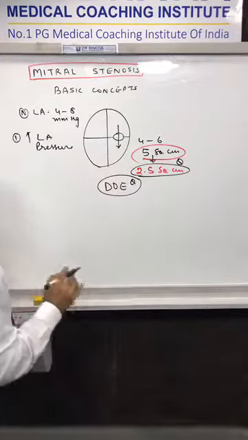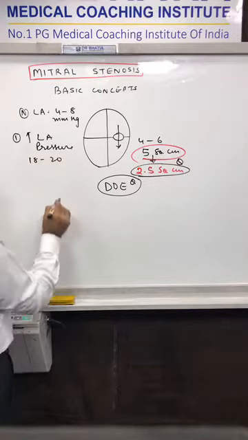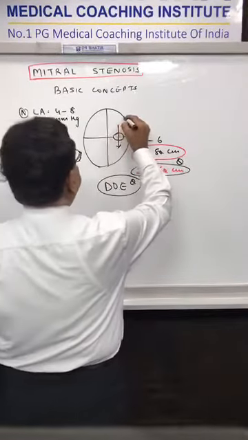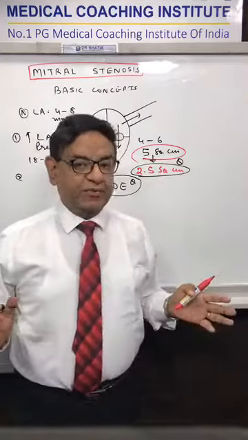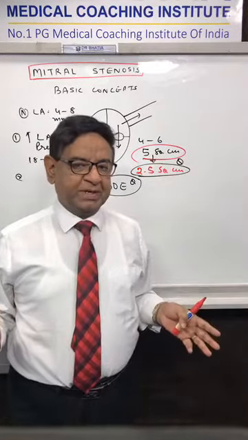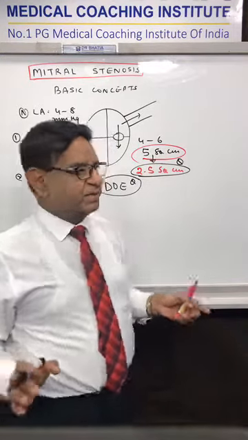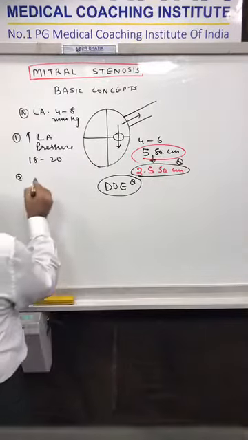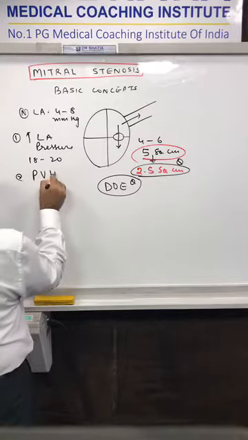When LA pressure goes to around 18 to 20 millimeter of mercury, blood starts entering into the pulmonary veins. Remember, LA is a thin walled chamber. It cannot accumulate much blood. So blood starts entering the pulmonary vein, and there occurs pulmonary venous hypertension.